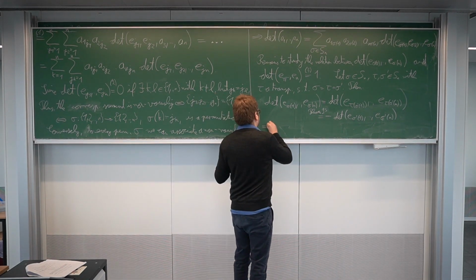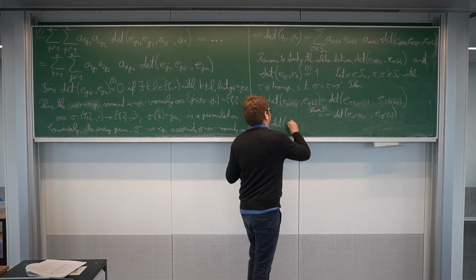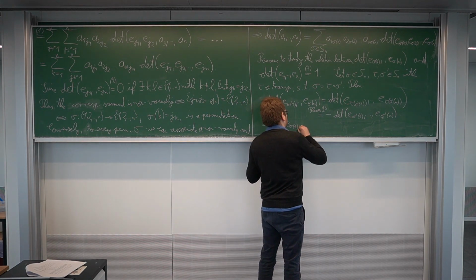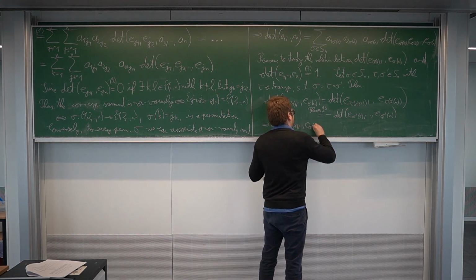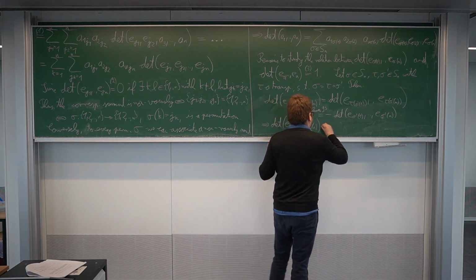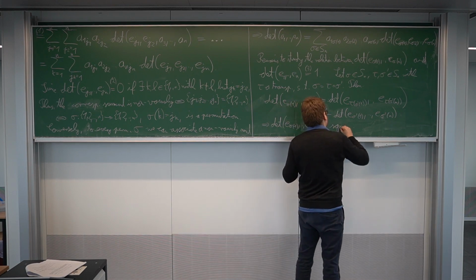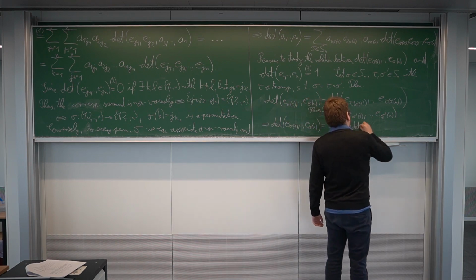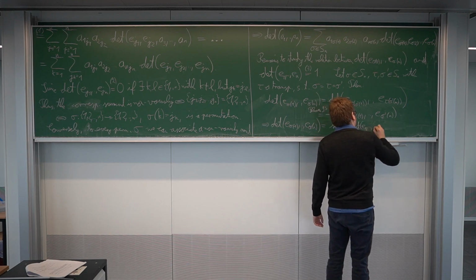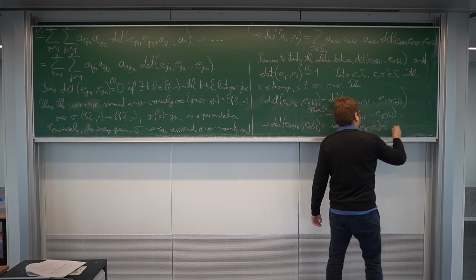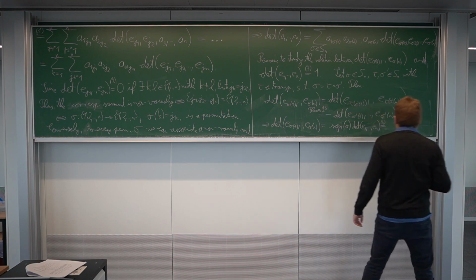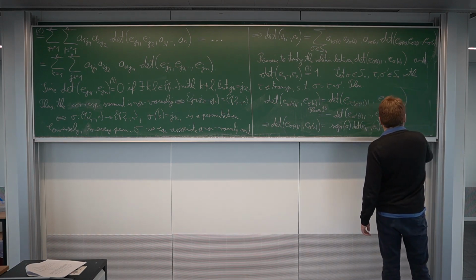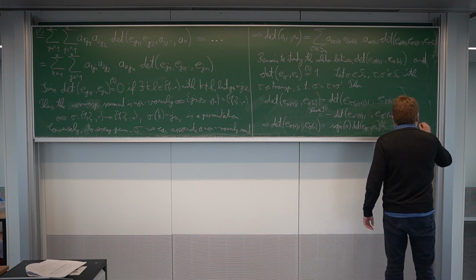So it follows that the determinant of e sigma of 1 to e sigma of n is simply the sign of the permutation times the determinant of e1 to en, and there we've already seen, just by assumption 3, this is just 1, and so this is just the sign of sigma.